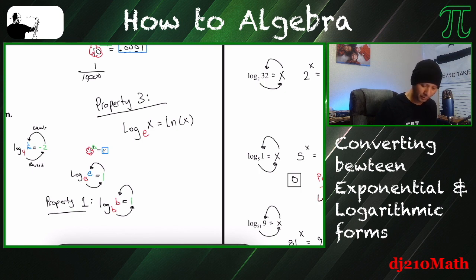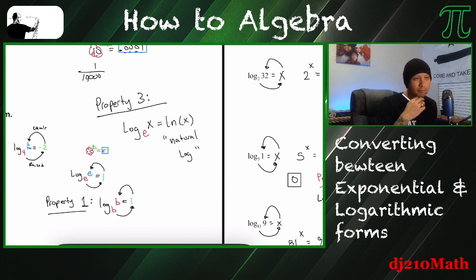This is called natural log. So ln is natural log. Log base e of x is natural log. This particular rule plays a pretty huge part later on.